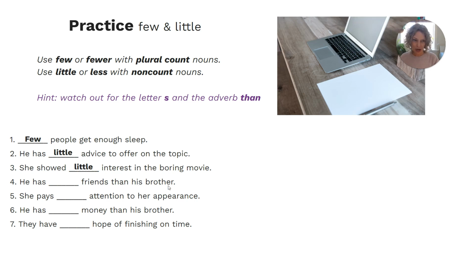So this is a comparative sentence where we're comparing the two brothers, and then the noun that needs a quantifier is friends. That's a plural noun, right? Okay, and it's in a comparative sentence, so we need to say he has fewer friends than his brother, because it's a plural count noun in a comparative sentence.